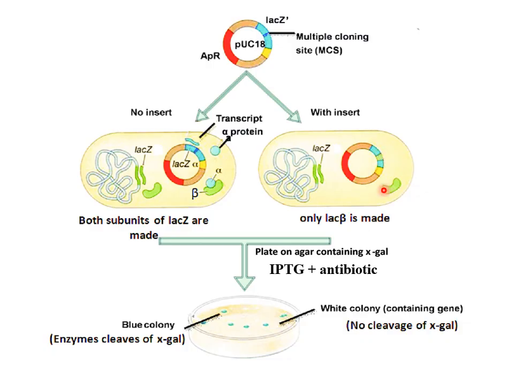So here no alpha complementation takes place. What is the result? We get white colonies or yellowish colonies, as I mentioned in the previous slide. So this is the basic principle of blue-white screening.